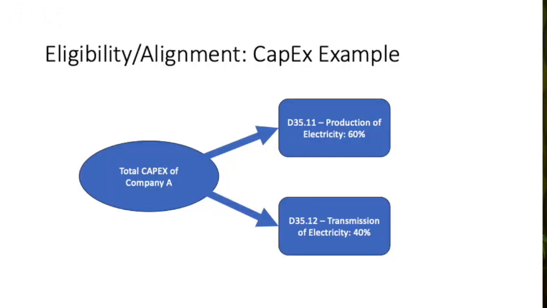Suppose Company C wants to expand in renewable energy business. Therefore, 60% of its CapEx is dedicated to hydropower generation. This is essentially electricity production. The remaining 40% of CapEx aims to improve electricity distribution practices and increase the taxonomy-aligned portion of revenue that comes from this economic activity.